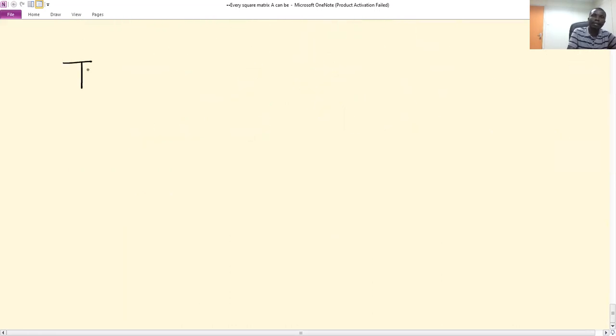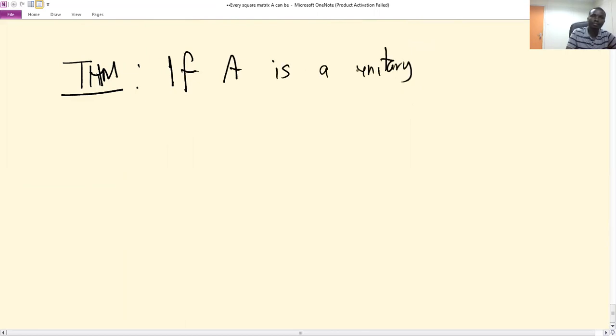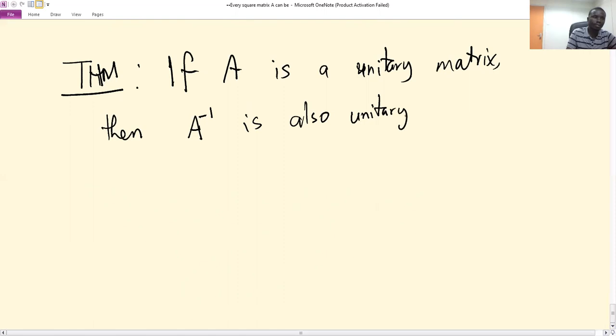And then another theorem: we can prove that if A is unitary, then the inverse of A is also unitary. You can follow the same arguments to argue that.